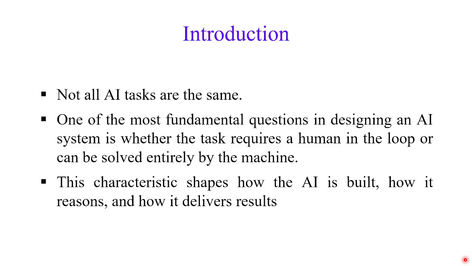Now, to begin with, not all AI tasks are the same. Every task is different. So one of the most fundamental questions in designing an AI system is whether the task requires a human in the loop or can be solved entirely by the machine.